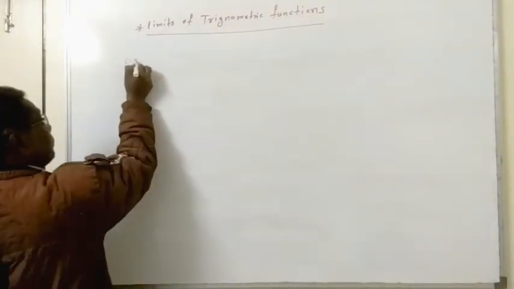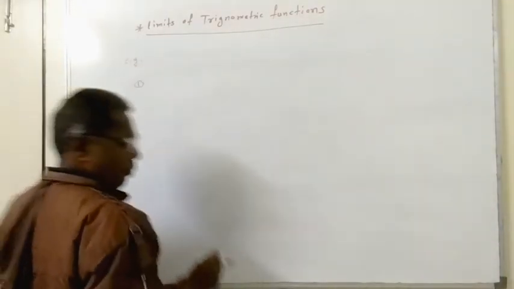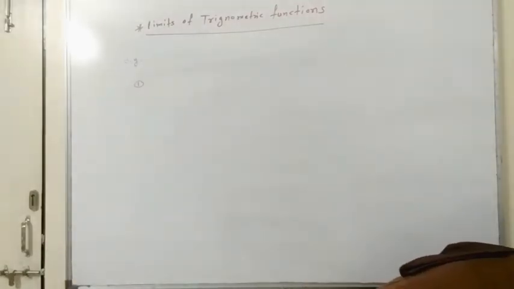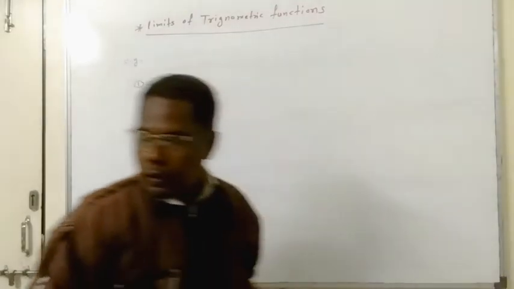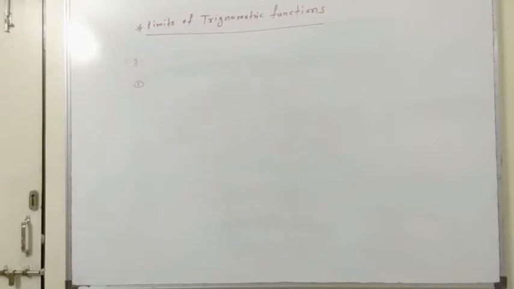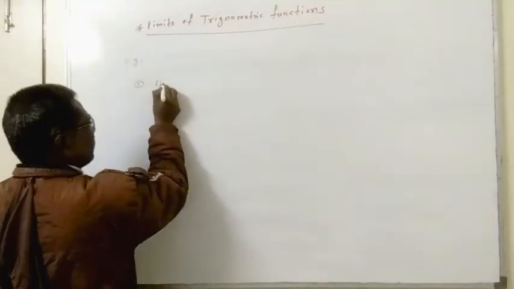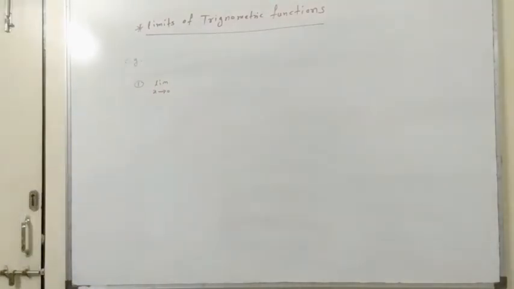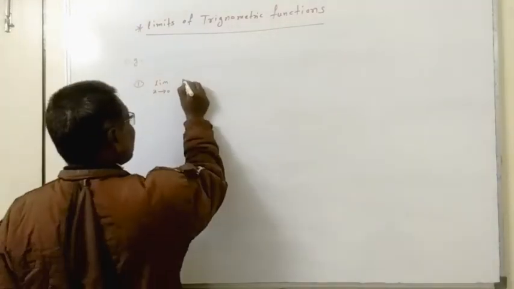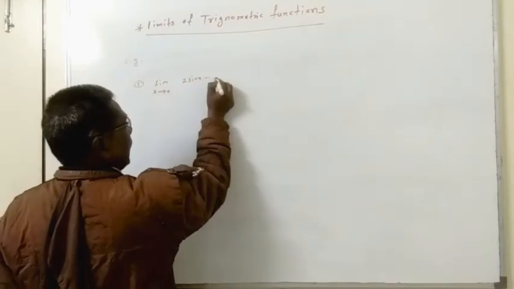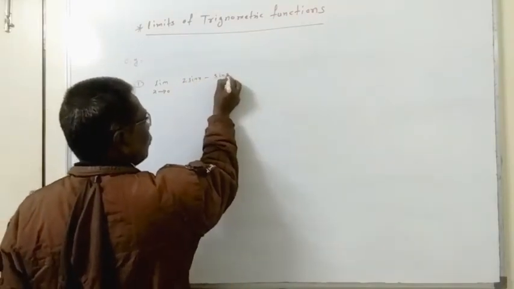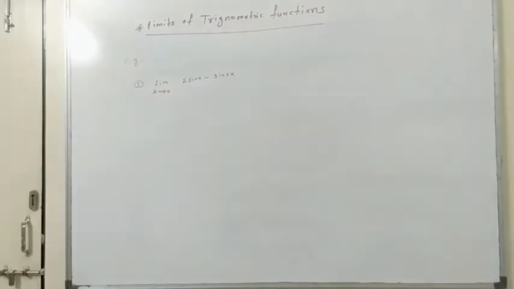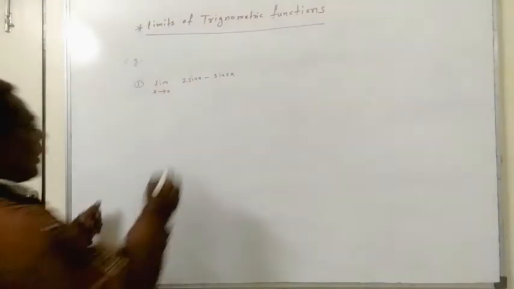For example, limit x tends to 0, 2 sin x minus sin 2x, divided by x cube.